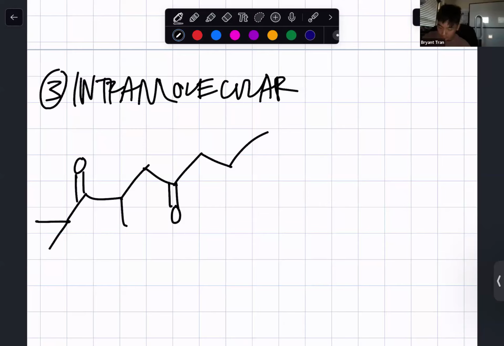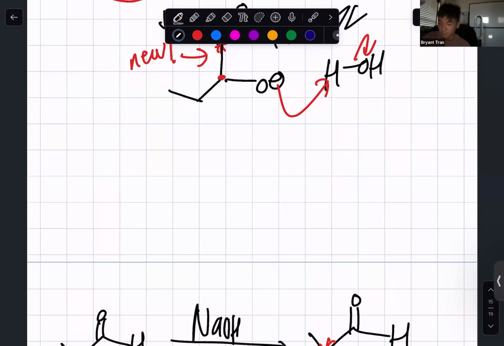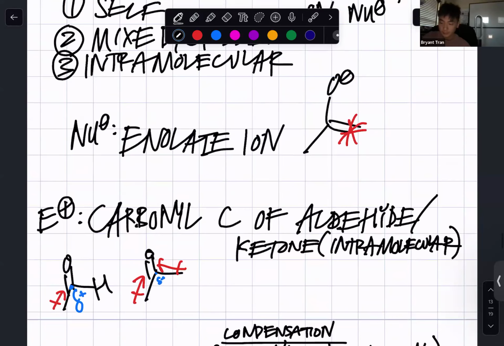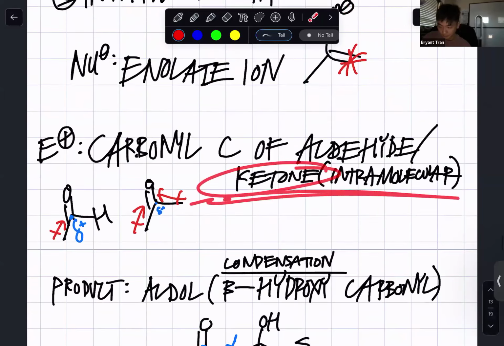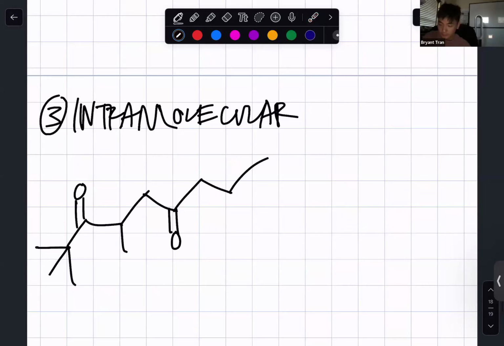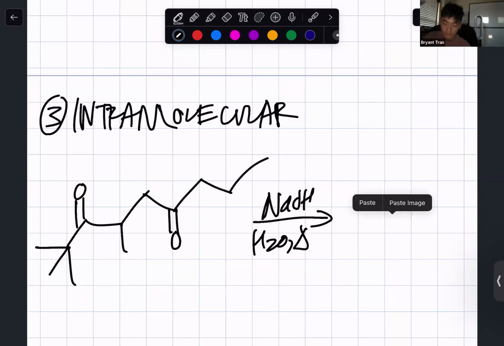It can be a ketone now because we said earlier that the electrophile is usually the carbonyl carbon of an aldehyde, but if it's intramolecular, the aldehyde or the ketone can be the electrophile as well. Now that would make things more tricky because we're given two ketones here, and if we're given NaOH, water, and heat, we have to figure out what's our star, what's our dot.